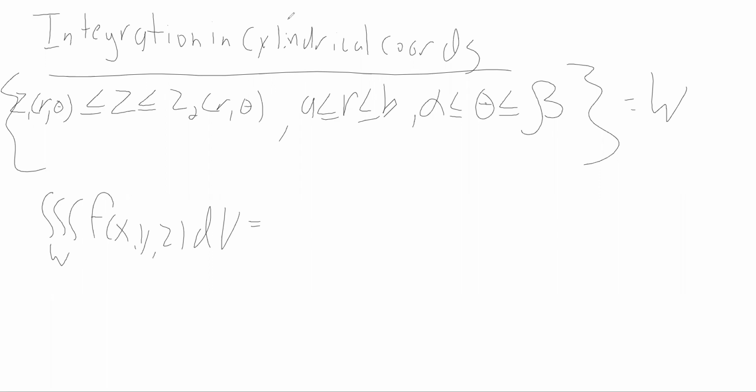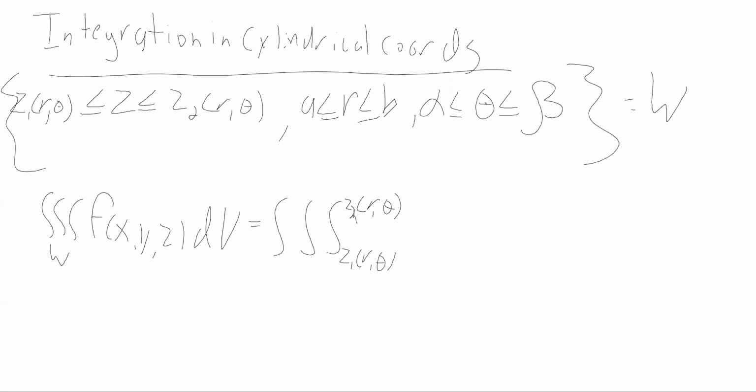Then what we're going to do is integrate first with respect to z, because it's bounded by functions. So z goes from z1 of r theta to z2 of r theta. And notice we're integrating a function of x, y, and z here, but our variables are r, theta, and z.